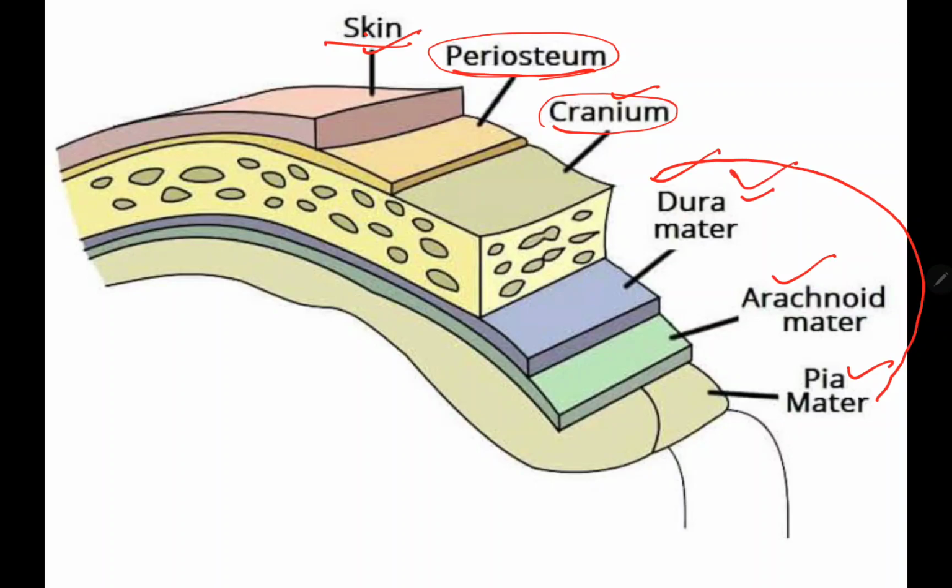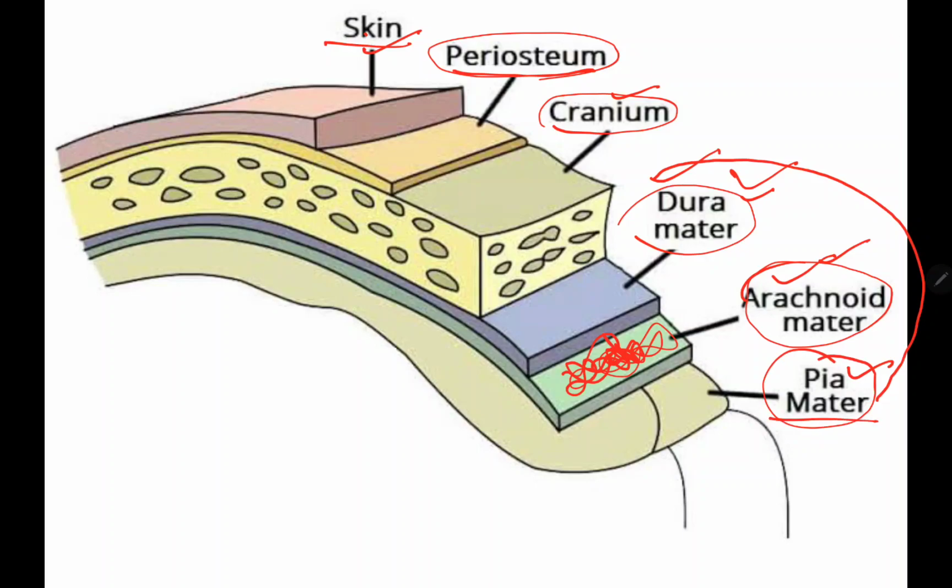Dura mater is very thick, tough and fibrous, and it is also a vascularized membrane. But the arachnoid mater is a thin membrane, like a spider web, like this net structure, and it is present between the dura mater and the pia mater.